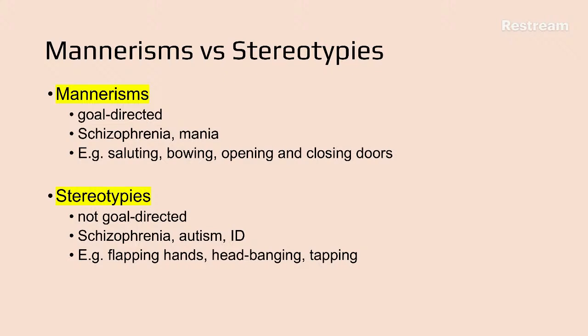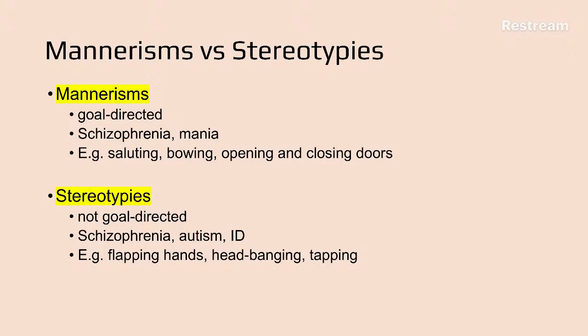For instance, you might have a patient walk into the room and then open and close the door a few times, maybe 2 or 3 times before sitting down. So that's a mannerism because their action of repeatedly opening and closing the door is a goal-directed action. You can recognize that they're trying to do something, what they're doing, right? Whereas with stereotypies, it could be things like flapping your hands, head banging, or tapping.